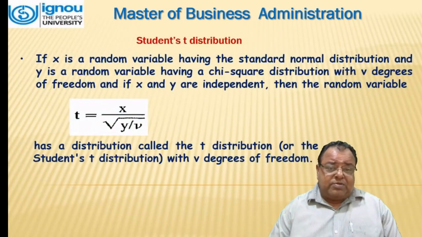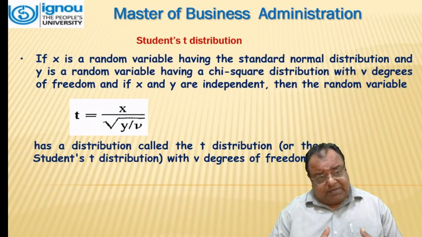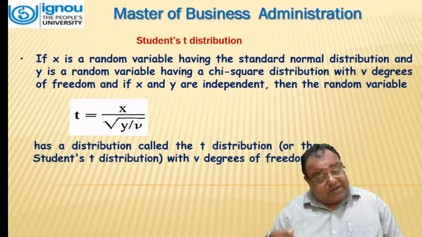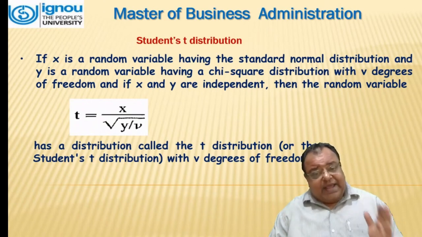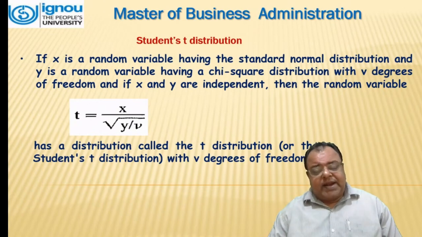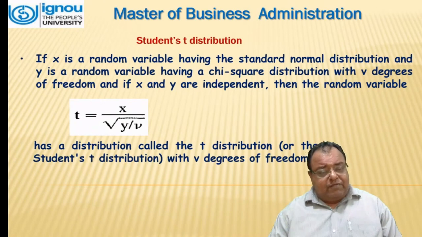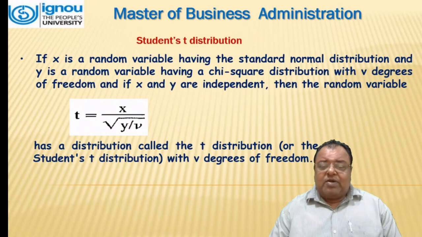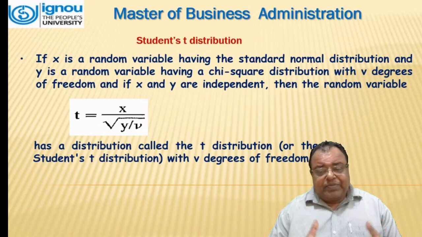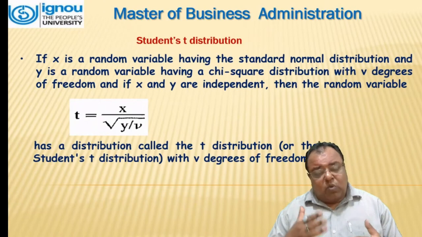Now, in the t distribution, if x is a random variable having the standard normal distribution and y is a random variable having a chi-square distribution with v degrees of freedom, and if x and y are independent, then the random variable given by t equal to x upon under root y upon v has a distribution called the t distribution, or the student's t distribution, with v degrees of freedom.